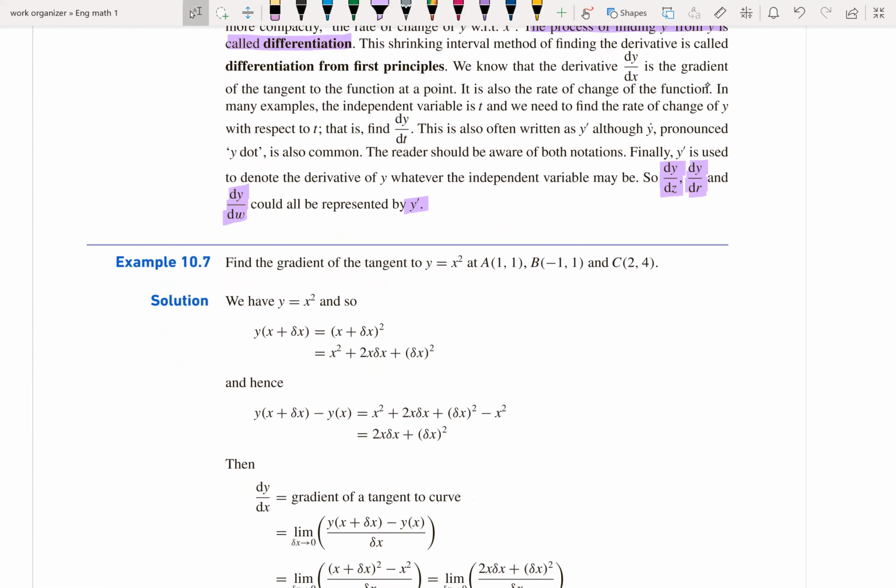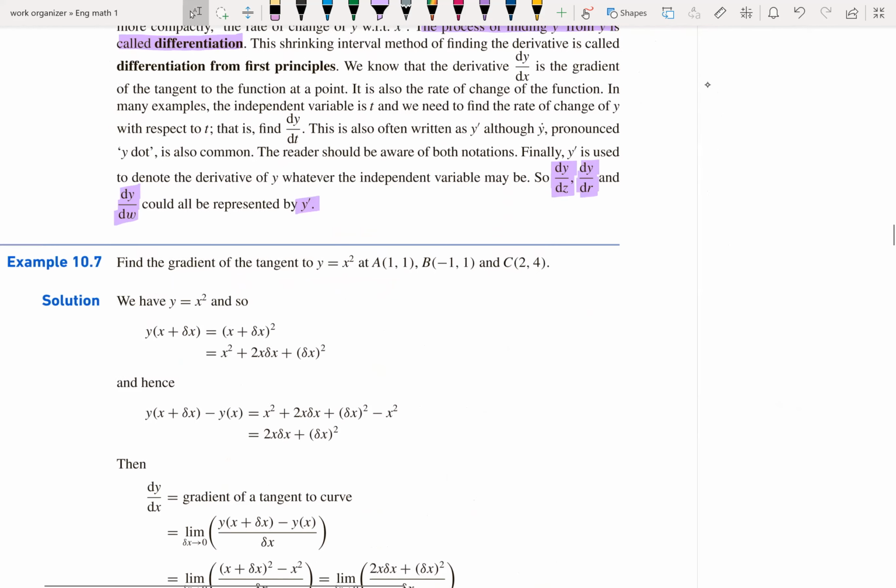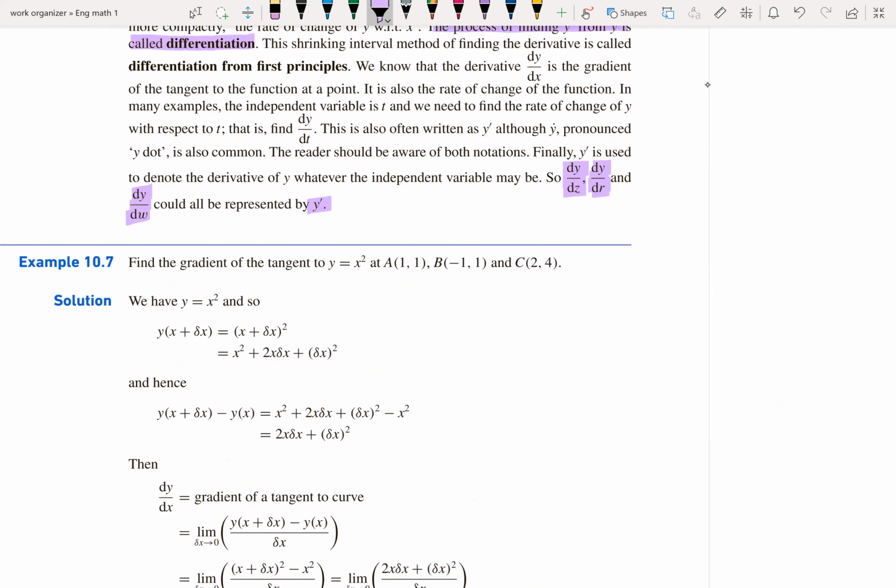So let's have a look at this example. The question asks us to find the gradient of the tangent. This is the function, and we have to find it at the points a, b, c. This one is not an interval. When an interval is marked with this symbol, it means between x values only, within the x axis only.